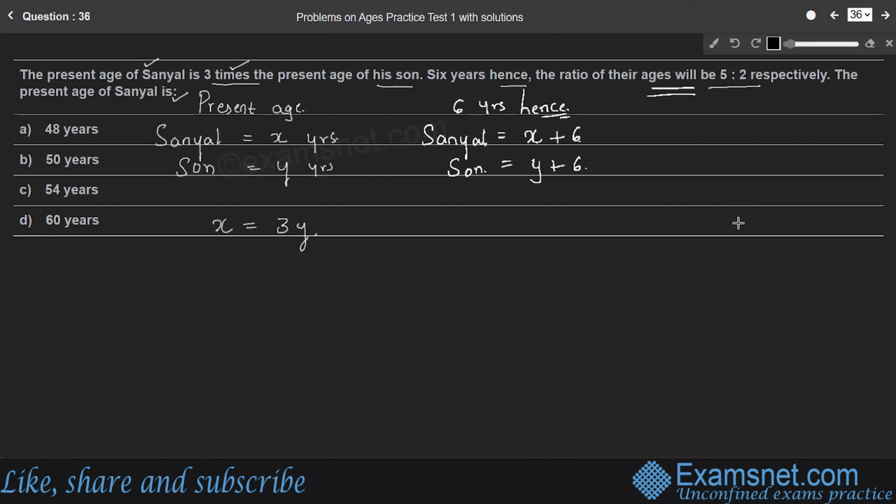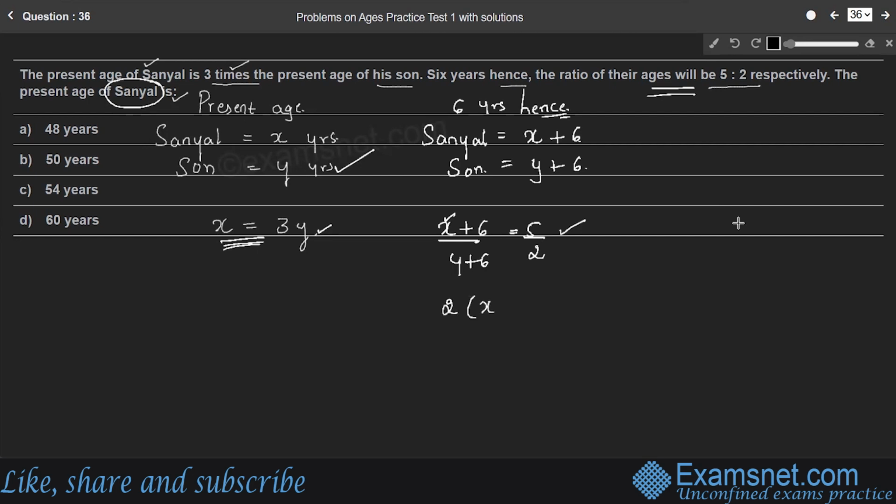So x plus 6 by y plus 6 is equal to 5 by 2. The present age of Sanyal is, so here we need the value of y. So substitute the value of x as 3y. We'll express x as 3y because here we need the value of y. Therefore, we'll simplify it.